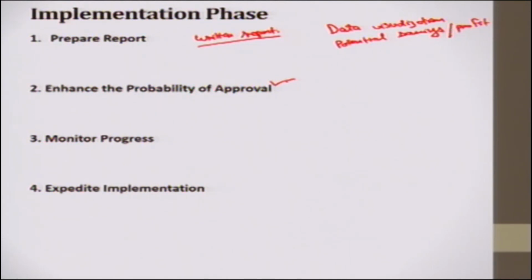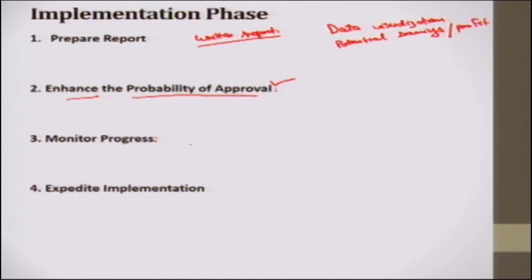Because of this or other pressing priorities, a manager may be slow in making a decision. So we enhance the probability of approval in some way. Once the approval is made, we monitor the progress, that is, when the final implementation or final manufacture of the product would start. Implementation progress must be monitored just as systematically as the value engineering study.